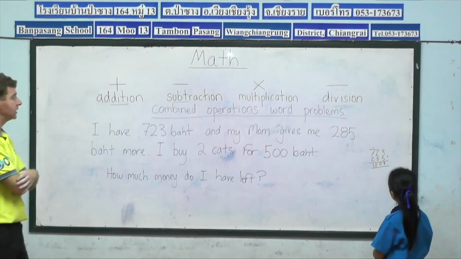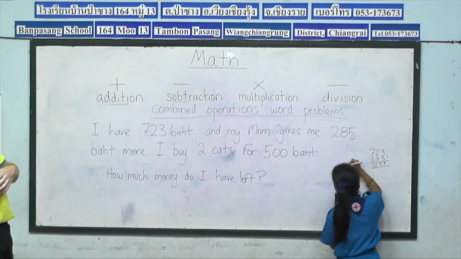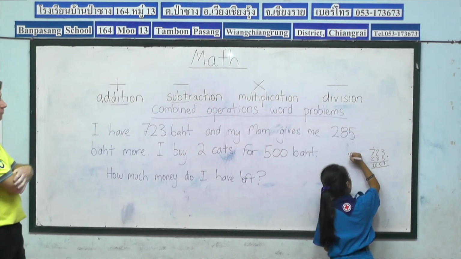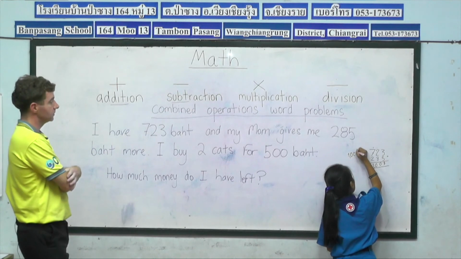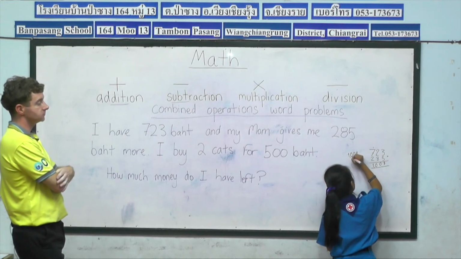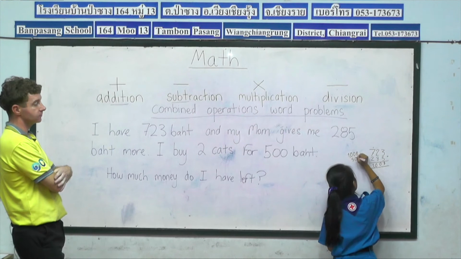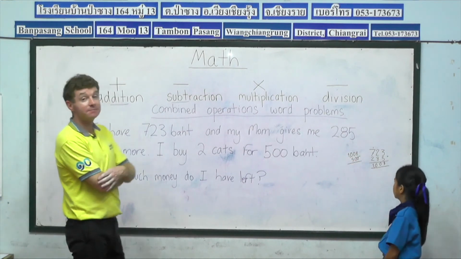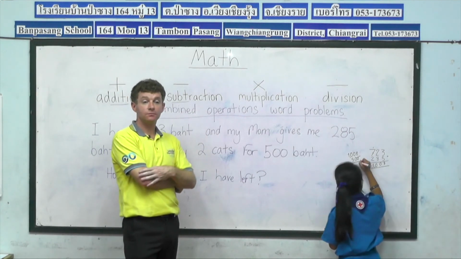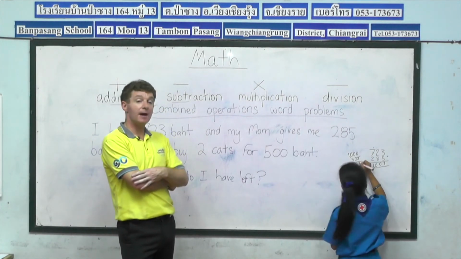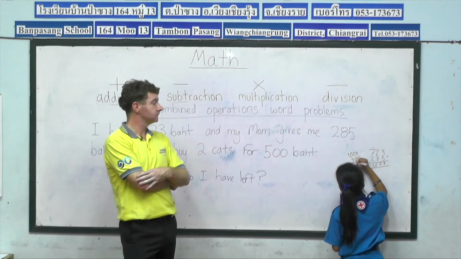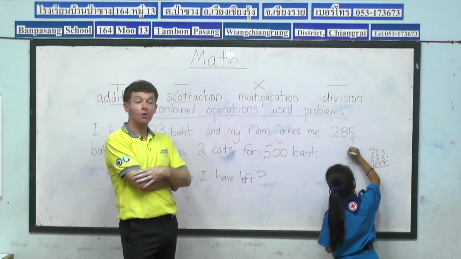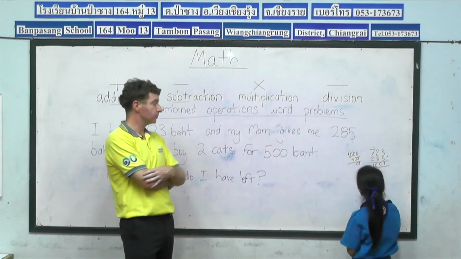But are we finished yet? Not yet. What do we need to do now? Subtract 500 baht. So we have 1008 minus 500. Okay, so now 8 minus 0 equals 8. 0 minus 0. 0 minus 5 can't do. We need to borrow.